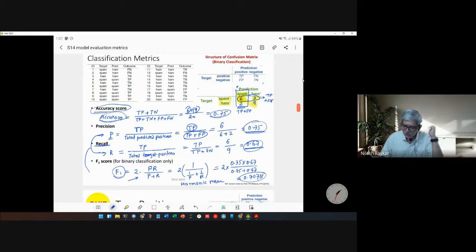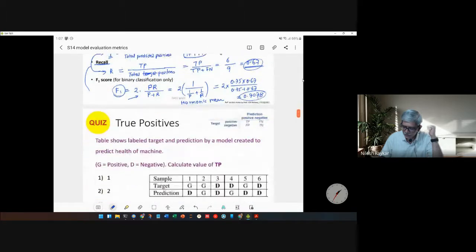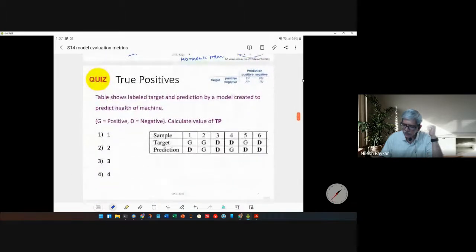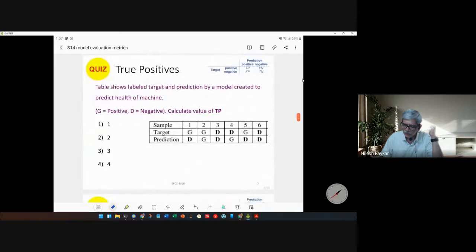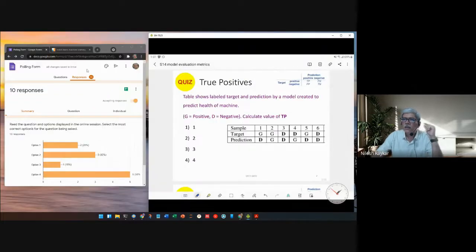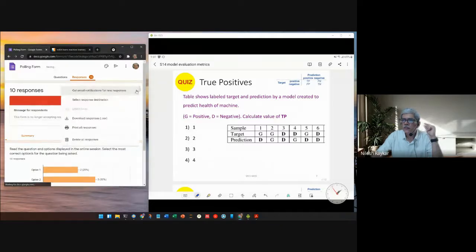Okay, so the next slides are mostly doing calculations based on what we talked about earlier. There is just a refresh of the concepts that we talked about here. So let me bring out our evaluation form.